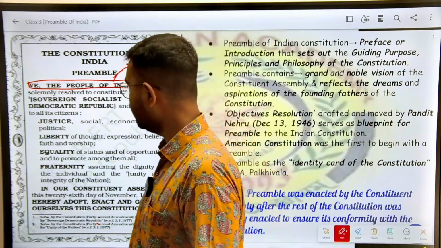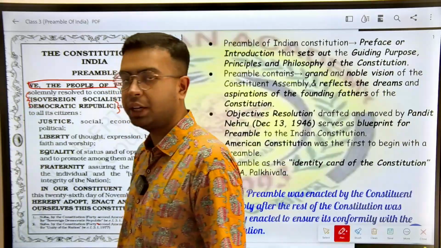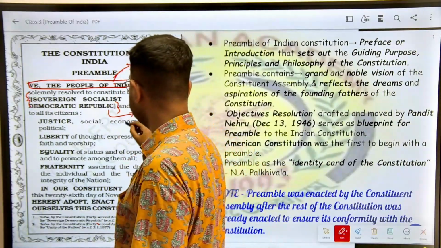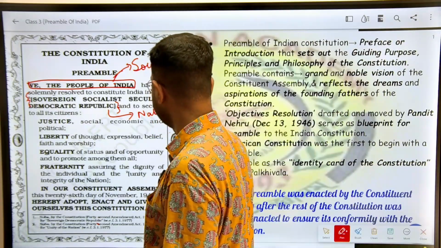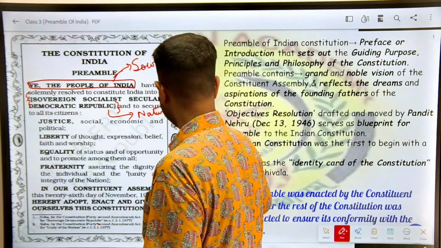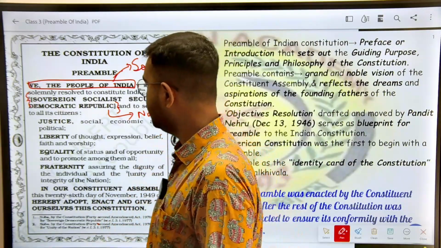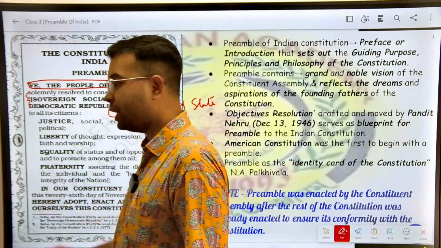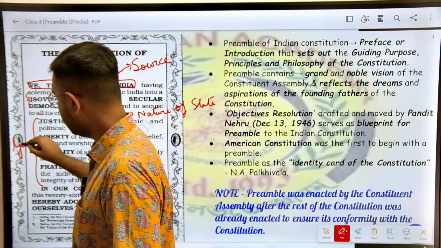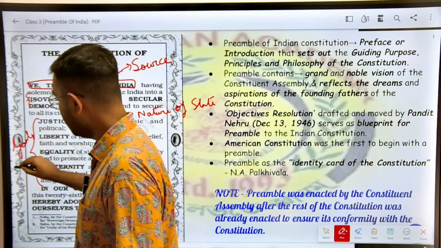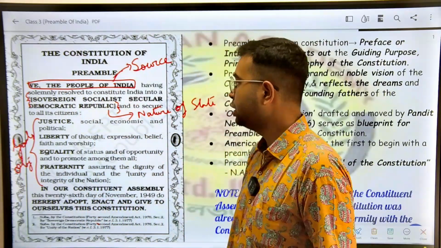Then these words, sovereign, socialist, secular, democratic republic, are known as the nature of our state or the nature of the country, like what kind of country we are living in. And justice, liberty, equality, and fraternity are the goals or objectives of the Constitution.